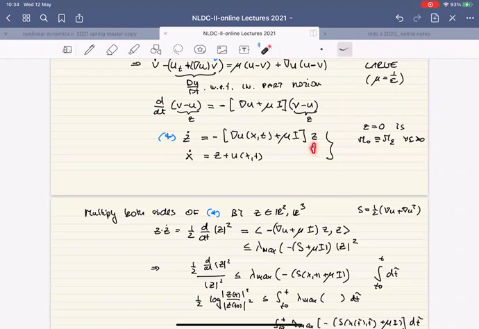Because if you plug z equals 0 in here, then z dot will remain 0 forever. So that is an invariant manifold. And on that invariant manifold, x dot is just u x t. So you immediately get the reduced order dynamics. You get the same result from this non-infinitesimally small analysis for epsilon that I got for the infinitesimally small analysis.